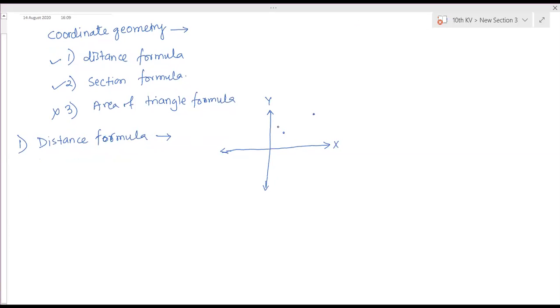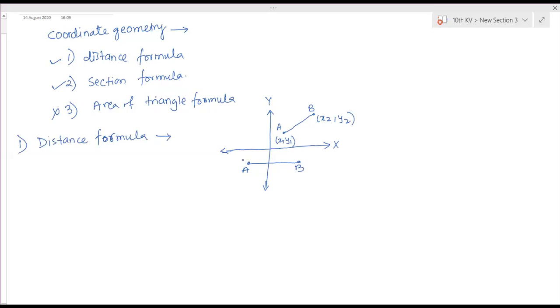Suppose here and here, this is point A with coordinates x1, y1. B's coordinates are x2, y2. We can find out the distance between A and B. Anywhere any 2 points are present, this is point A and this is point B, we can calculate the distance between them if their coordinates are known.